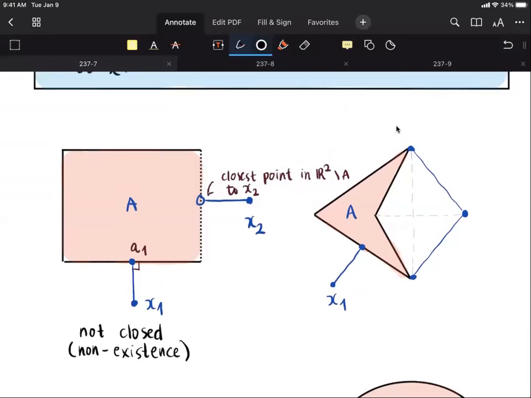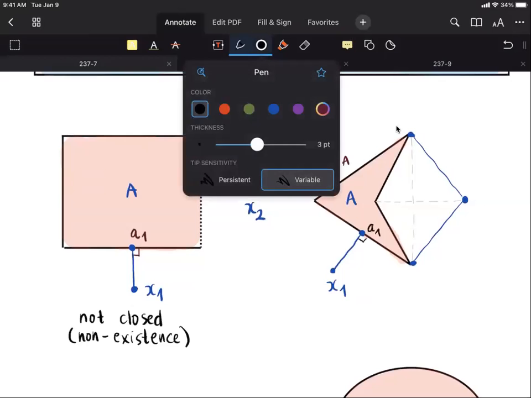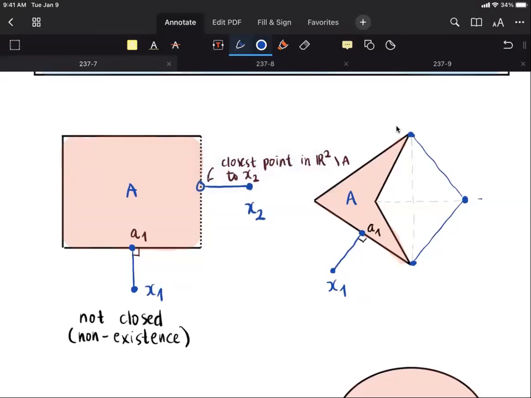Next, let us consider the set A on the right, this quadrilateral. And if you pick the point x1 again, you can find a point a1 on the boundary. And since this is a straight edge, the line passing through these two points x1 and a1 must be perpendicular as well. The problem occurs when you have an x2 here.